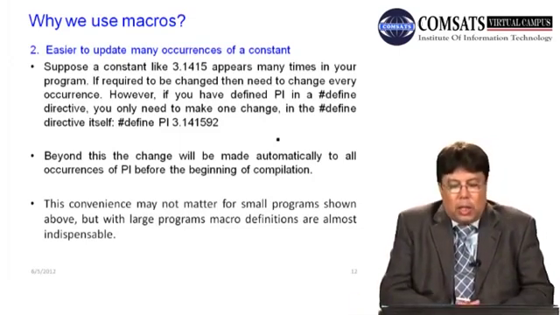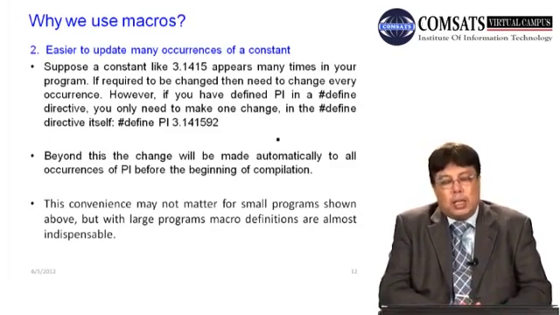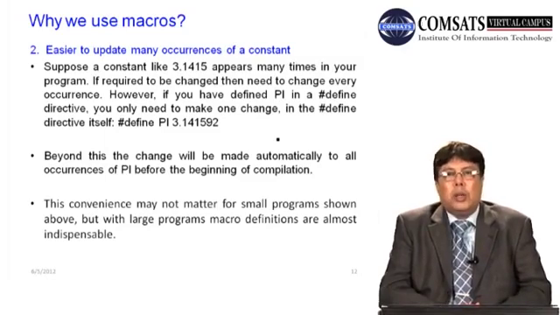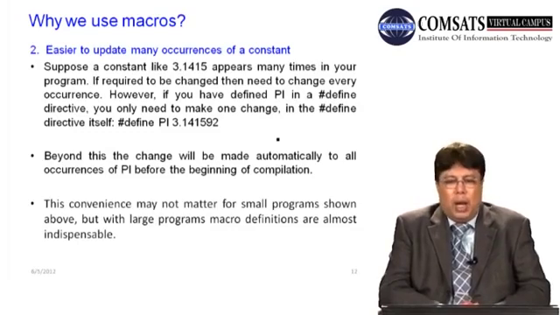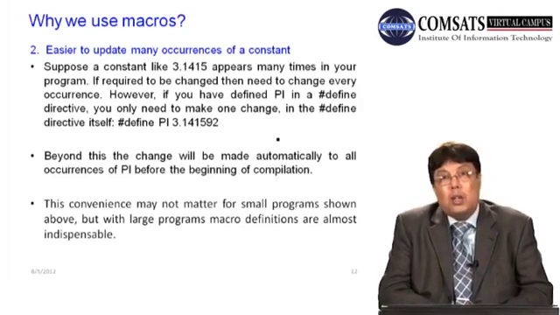Beyond this, the change will be made automatically to all occurrences of PI. The same thing I just explained; this is basically the second example, that we usually use pi as 3.1415, but sometimes you want a very accurate value of pi, which is not 3.1415, it is 3.141592.